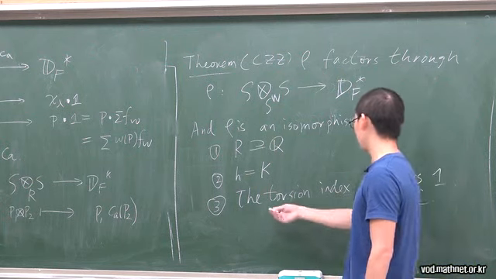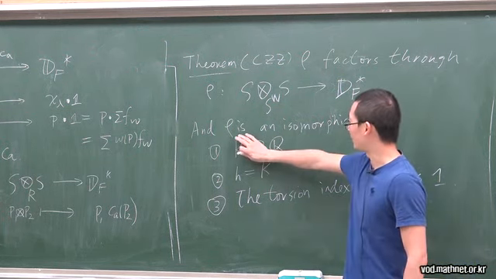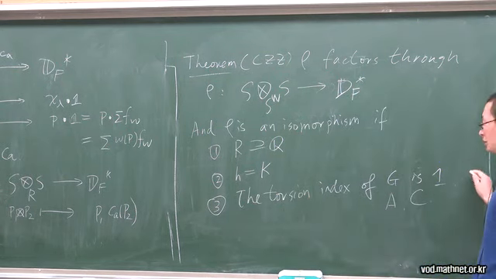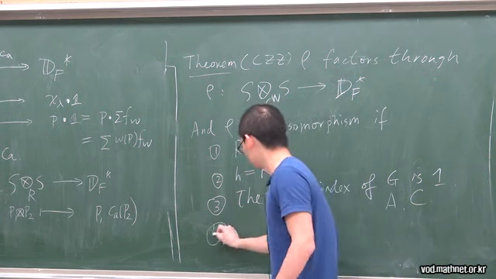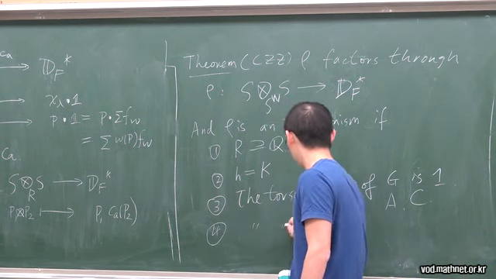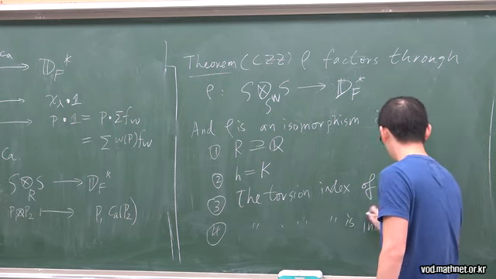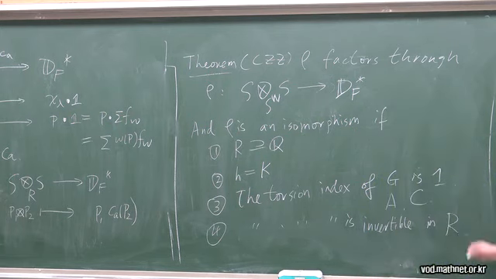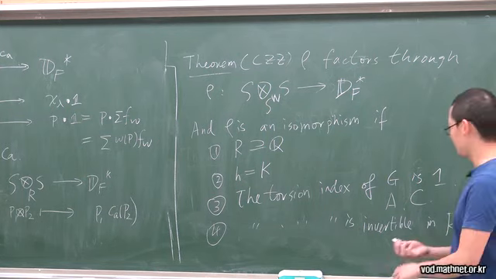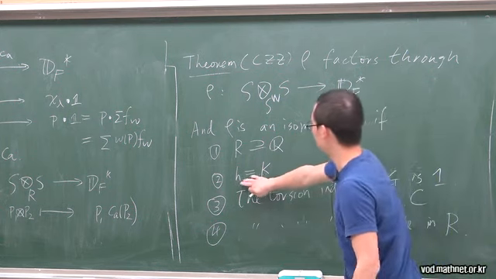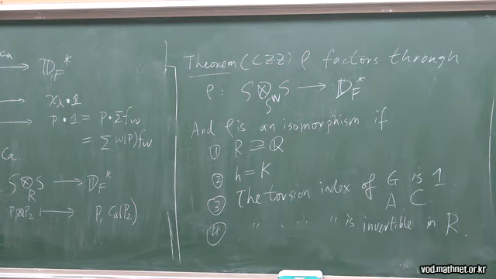So, another way to put it is that you can erase this case and say the Cauchy index of G is invertible in R, the coefficient ring R. That's enough. You don't need to really use rational numbers. You can just assume that the Cauchy index is invertible. And of course, this includes both case 1 and case 3. And also you have case 2, that is, if you are considering K-theory, then you also have an isomorphism.